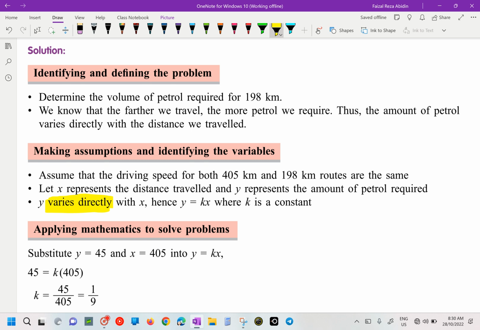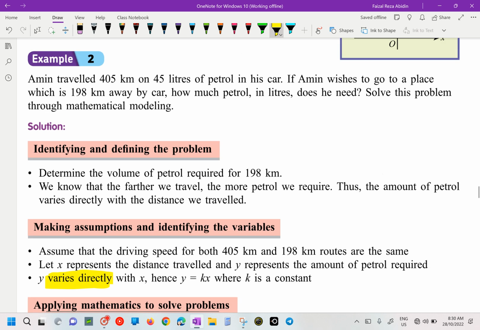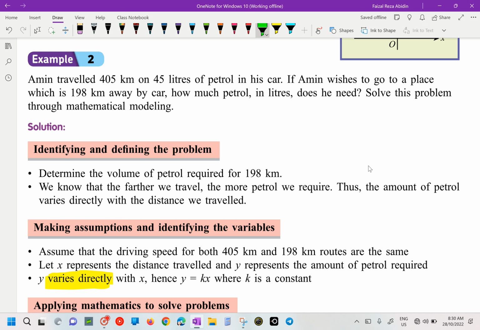How did we know? Okay, so over here we have that for 405 kilometer, Encik Amin will use 45 liter. So means that if he wants to travel 198 kilometer, how much petrol does he need?